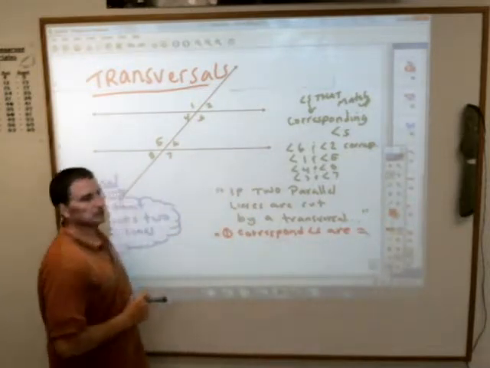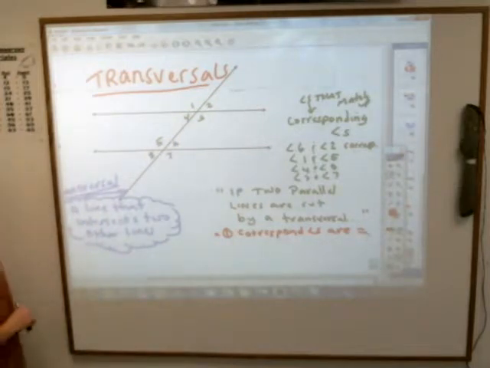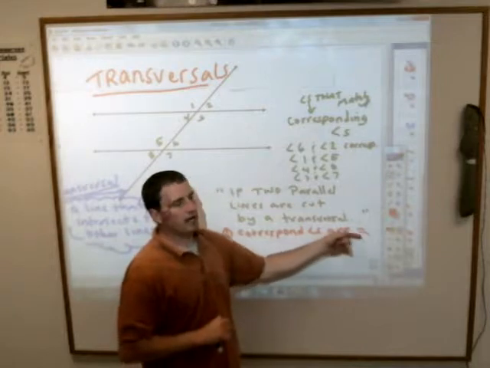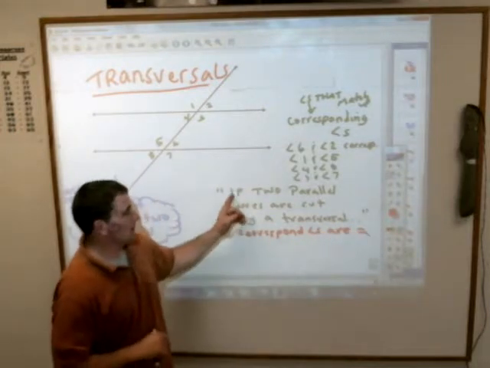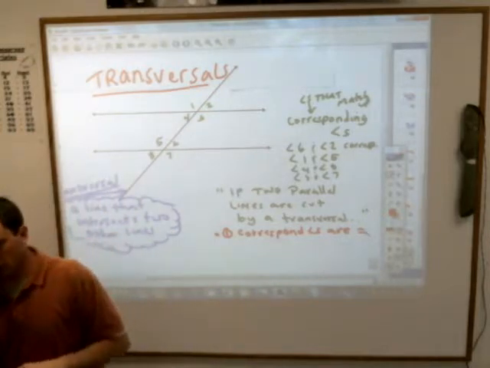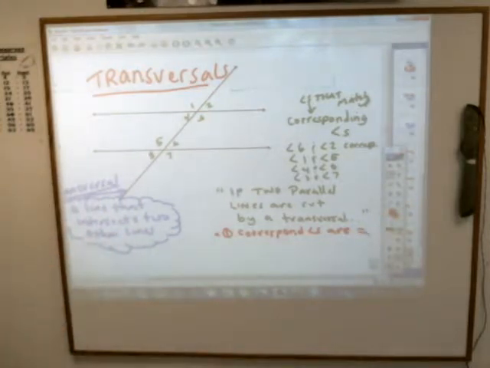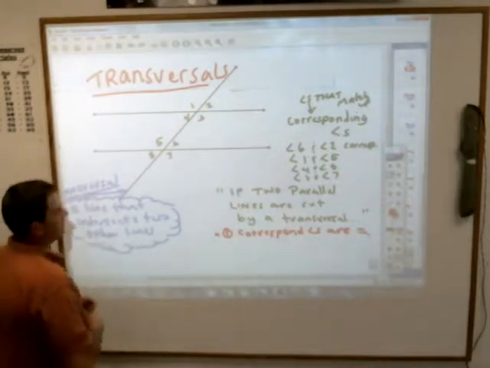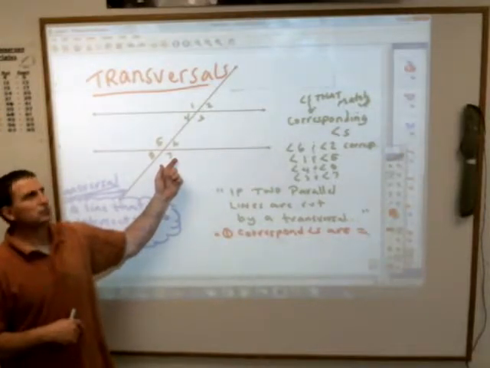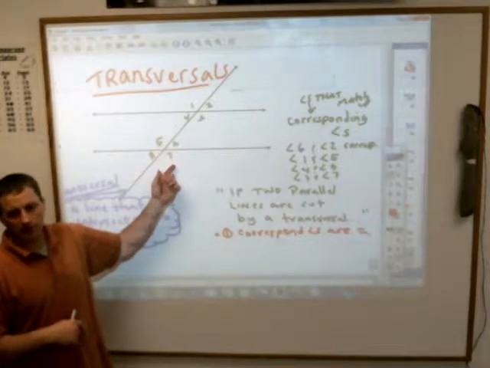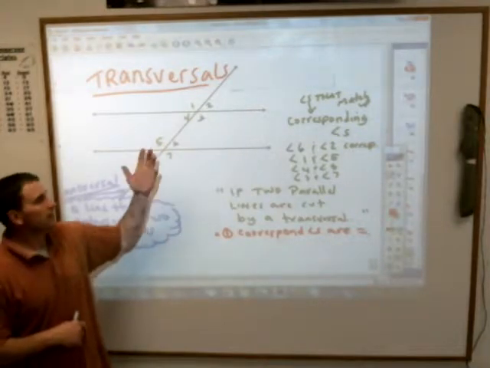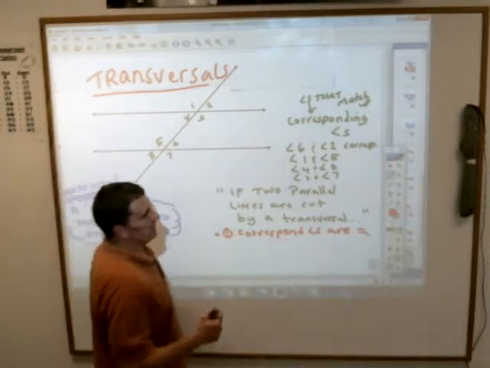You can abbreviate just like I did there because you should be able to figure that out. Corresponding angles are equal. And you have to say it with this: if two parallel lines are cut by a transversal, that's the high school way to do it, then corresponding angles are equal. That would mean if angle 7 is, I don't know, 105 degrees, what other angle is 105 degrees, Gabe? Angle 3. Perfect. See, you've already got some of that.